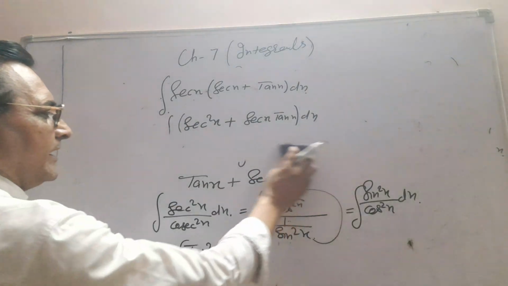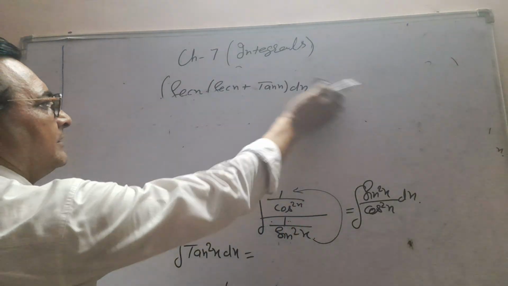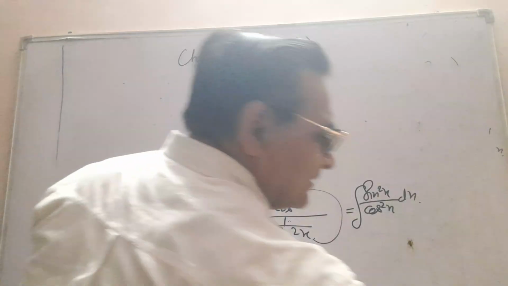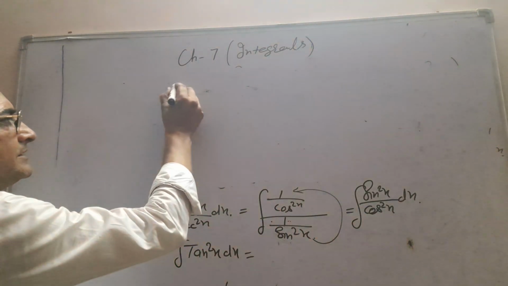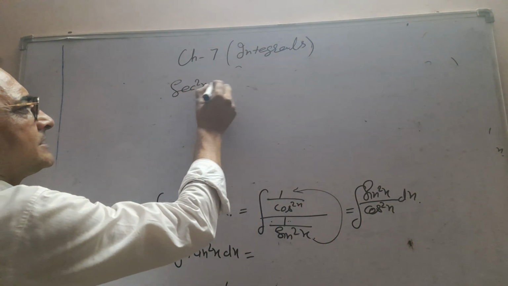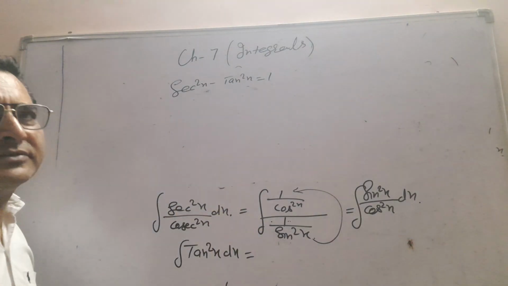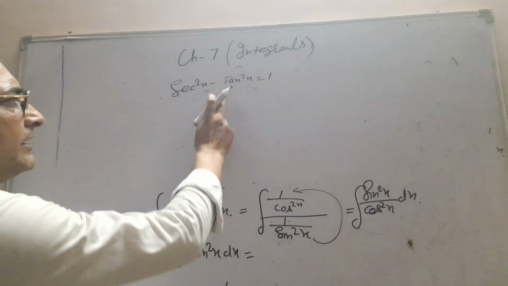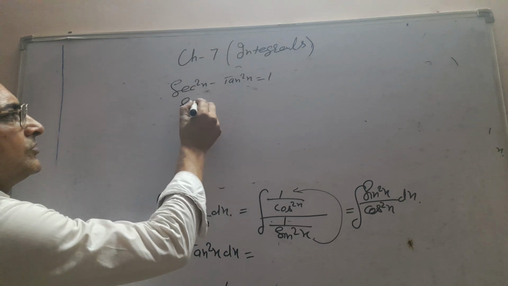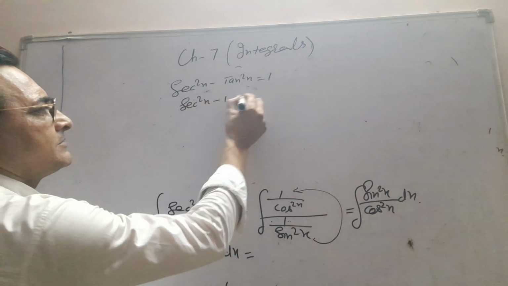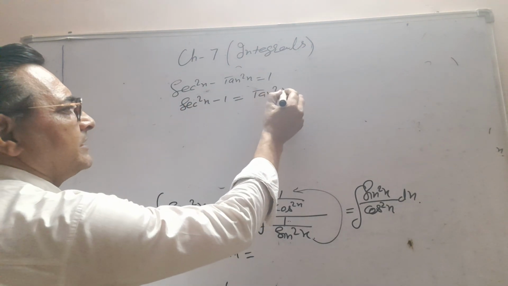We will use the identity: secant square x minus tan square x is equal to 1. Its value is always 1. From here I will get tan square x. So I will write here secant square x minus 1 is equal to tan square x.